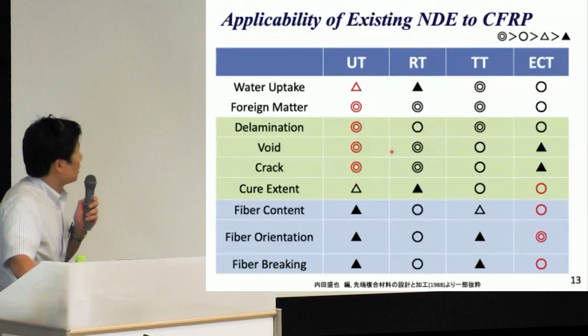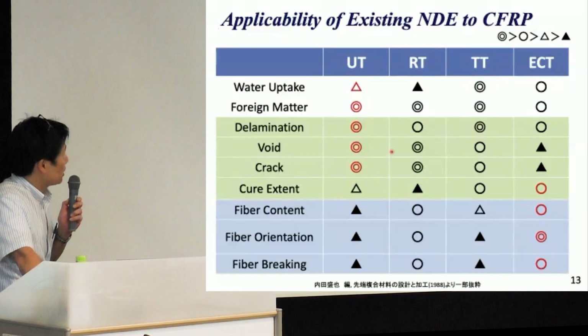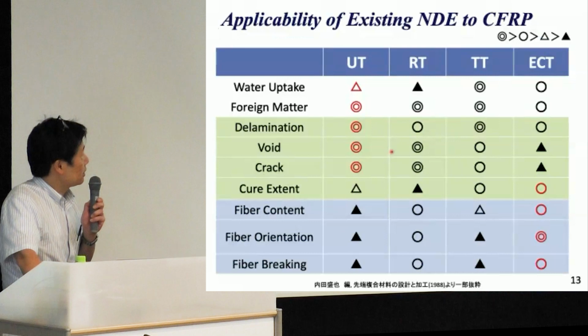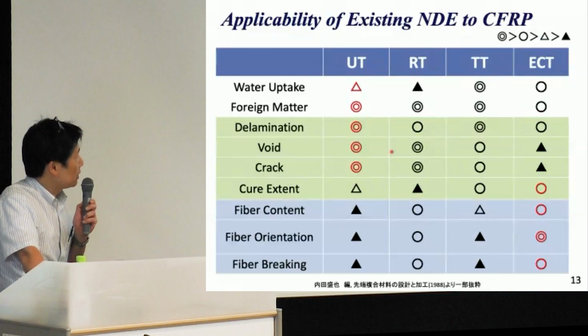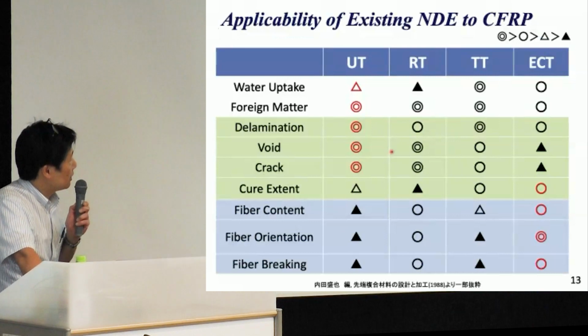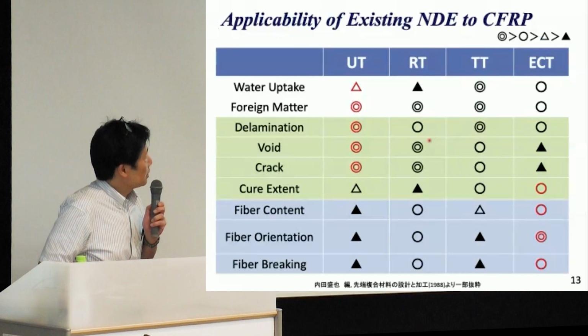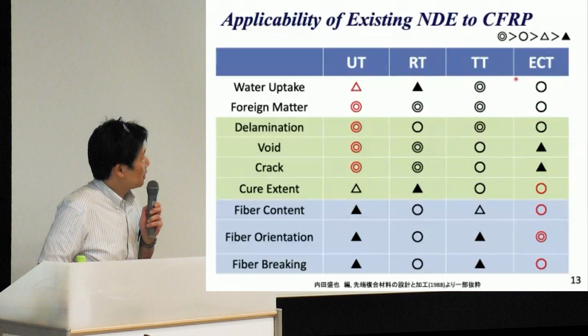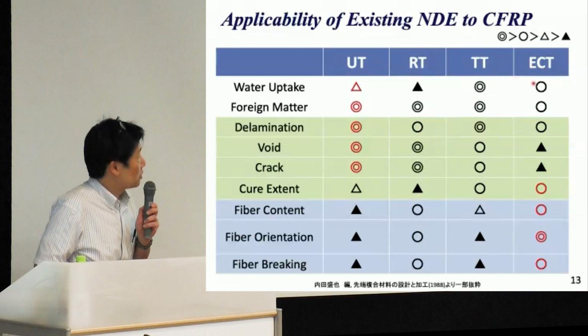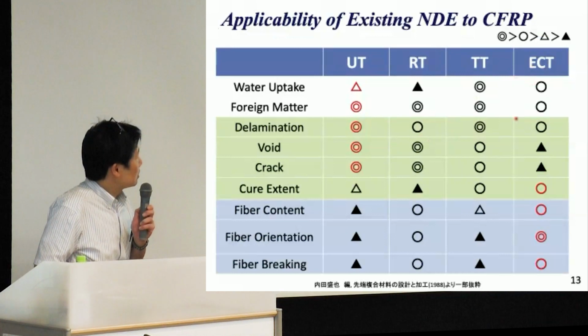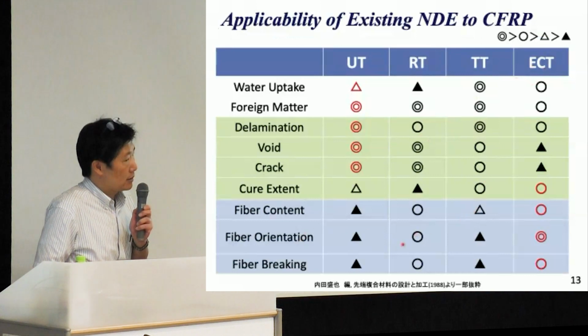So this is the applicability of existing NDE techniques to CFRP. As I mentioned, the target of eddy current testing is a conductive material, so it is good for fiber defects.